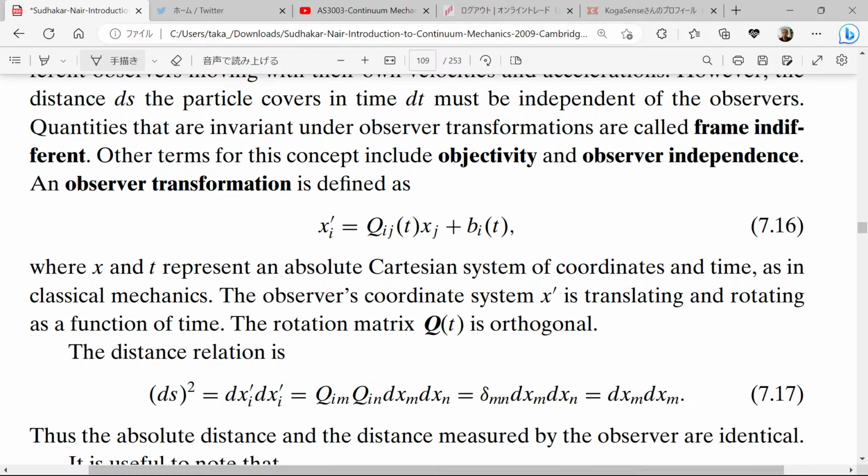The observer's coordinate system x prime is translating and rotating as a function of time. The rotation matrix Q(t) is orthogonal.